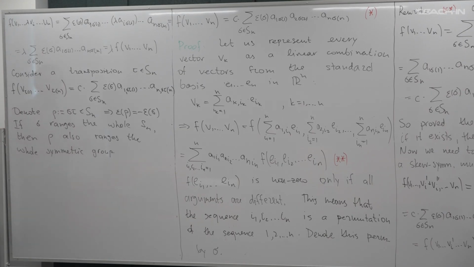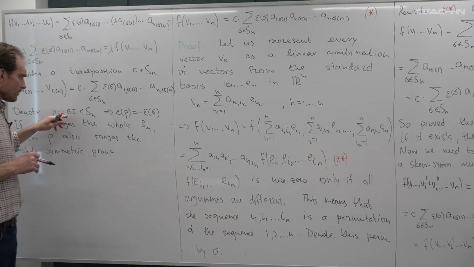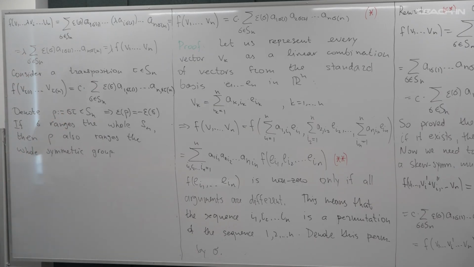So every permutation from this group can be represented in this form, where sigma is an arbitrary permutation, right?